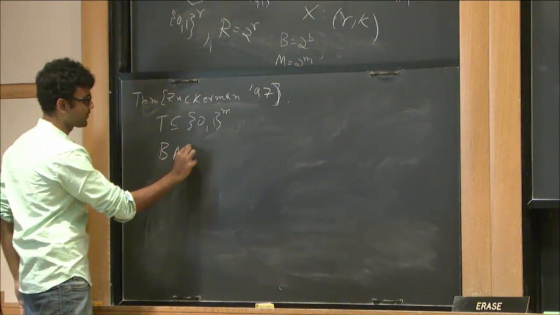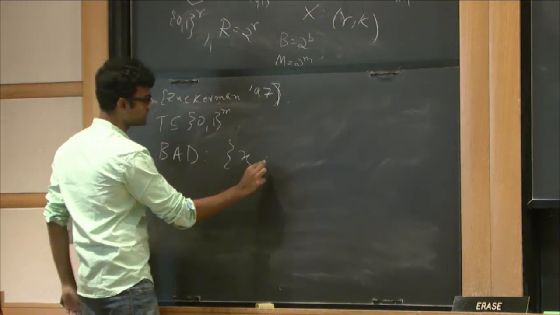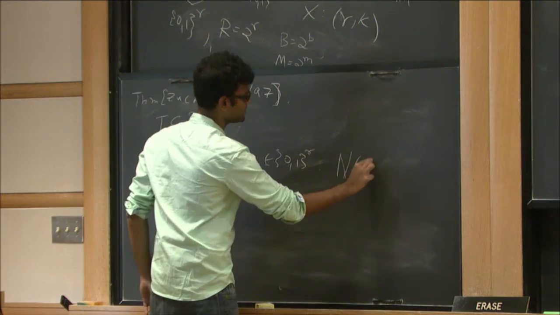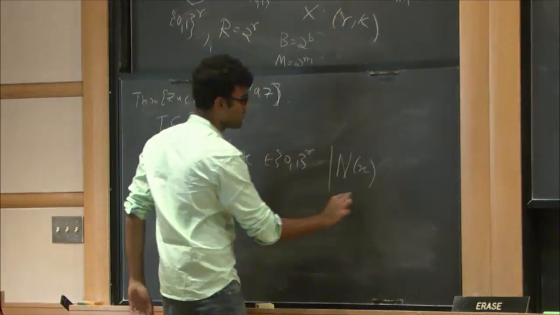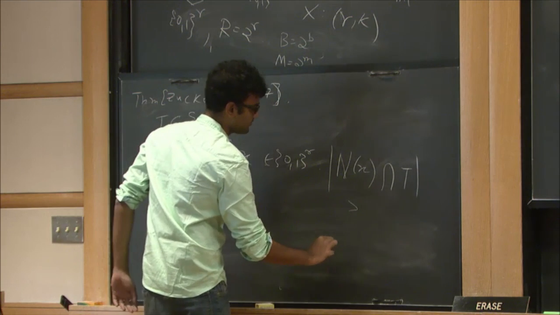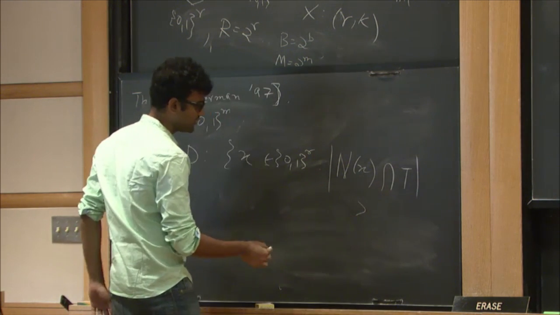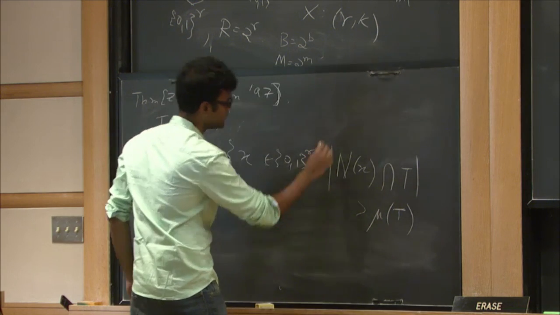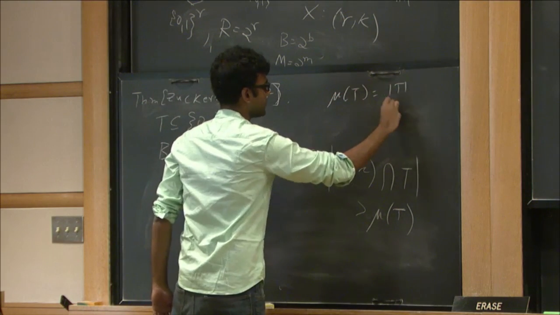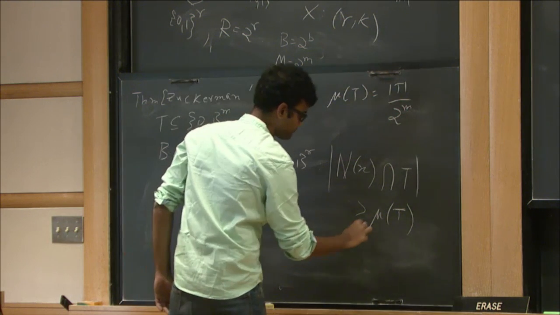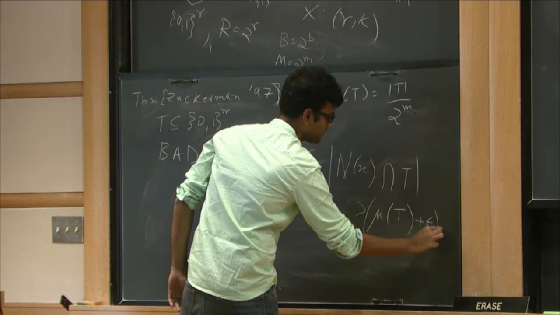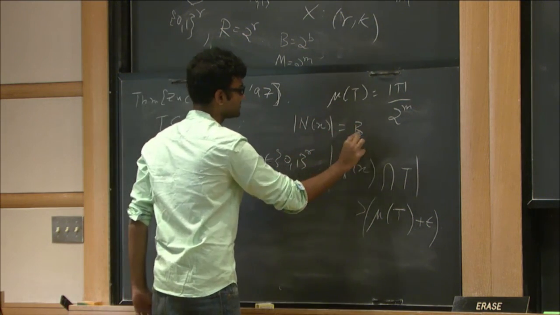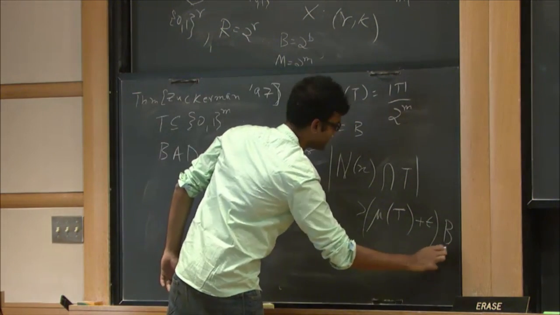So define Bad to be the set of x in r-bit strings such that N of x, let's denote the neighborhood of x, intersection with T is, say, significantly larger than the density of T. So that is the size of T by 2 power m plus epsilon times, so the size of each neighbor of x is 2 power b, just using that notation.